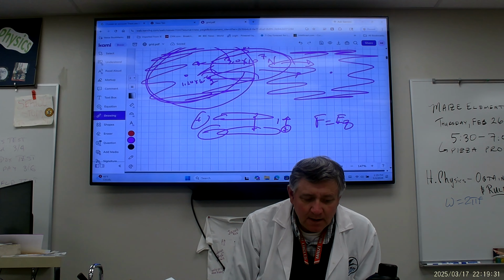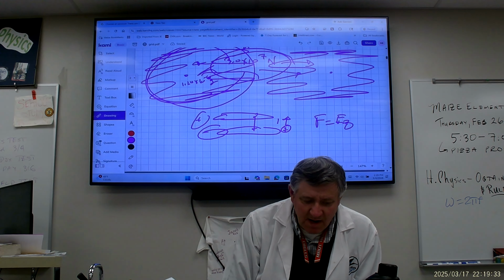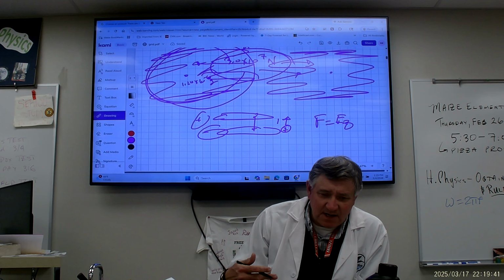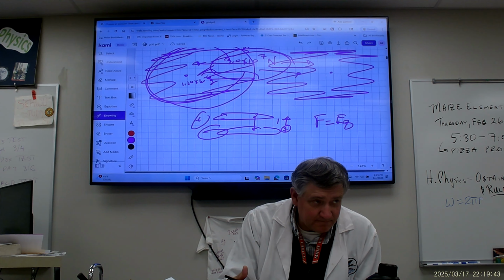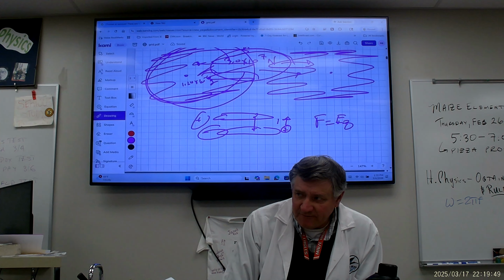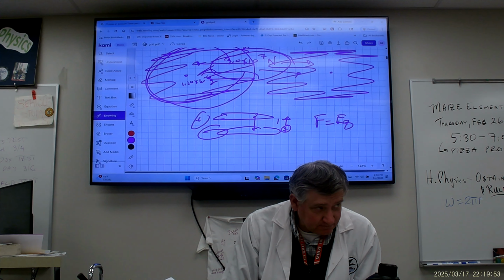You have the launch velocity, you know a distance, what's the electric field strength. So 61 is kind of the reverse of 60. You've got to find the acceleration, and then find the force, and then plug that into F equals qE.